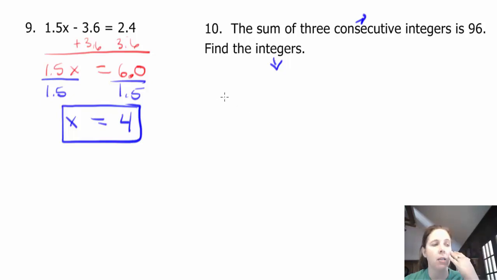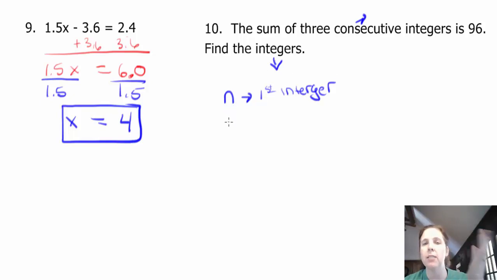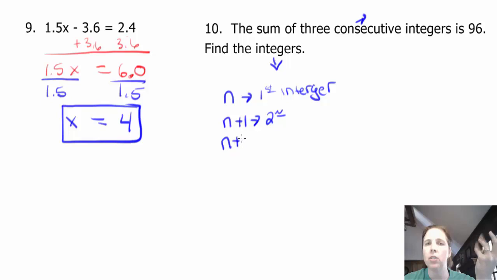Let's say we have to have a variable. So n is going to be your first integer. Since they're consecutive, if the first number is 5, the second number is 6. It's right after, and since they're integers, we can't use decimals. So n plus 1 would be your second integer. n plus 2 is your third integer.